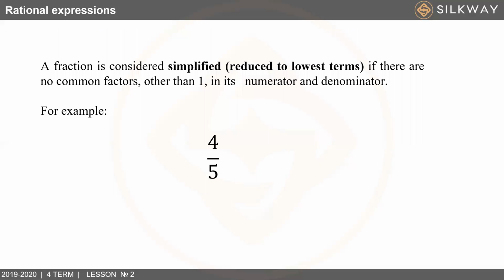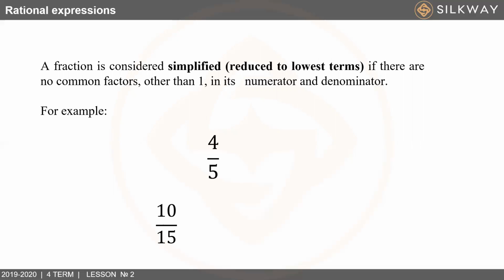A fraction is considered simplified if there are no common factors other than 1 and minus 1 in its numerator and denominator. For example, 4 divided by 5 is simplified because there are no common factors of 4 and 5. 10 over 15 is not simplified because 5 is a common factor of 10 and 15.